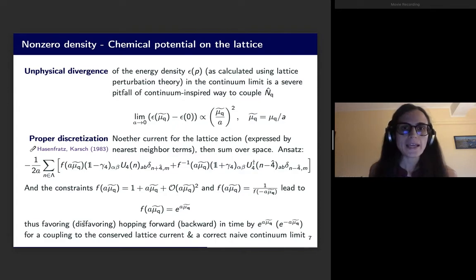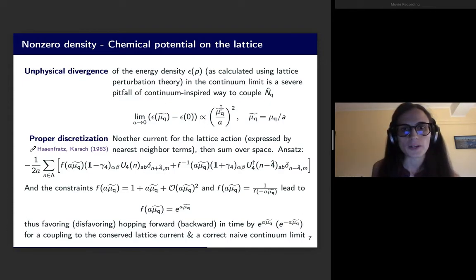Now, why is the continuum-inspired way of coupling the quark chemical potential to the quark number operator in the continuum not a good idea? Because one can show that it leads to the unphysical divergence of the energy density as calculated using lattice perturbation theory.